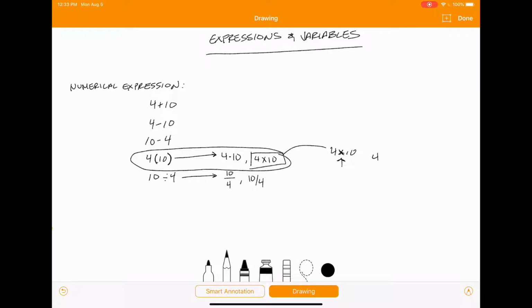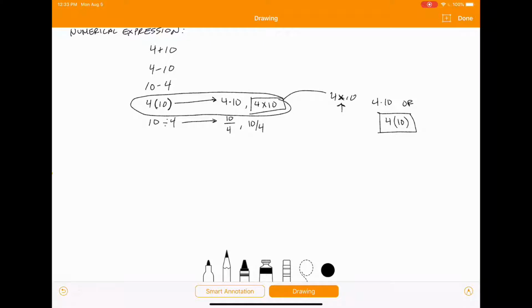So I like to use the dot, or the most common one that I use is going to be parentheses, because that's the most straightforward to me. But again, it's totally up to you, whatever you're most comfortable with and whatever makes most sense to you and you don't get confused about, go ahead and use that expression.